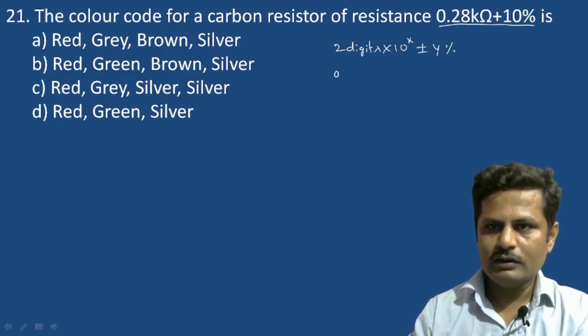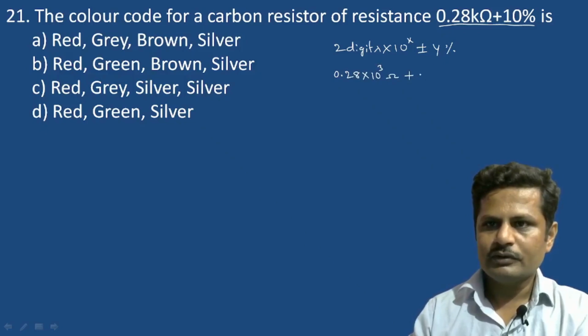Now the given value is 0.28 kilo, which is nothing but 10 to the power of 3 ohm, plus or minus 10%. Now we can write this as 28 into 10 to the power of 1 ohm, plus or minus 10%. Now this is in the standard form.